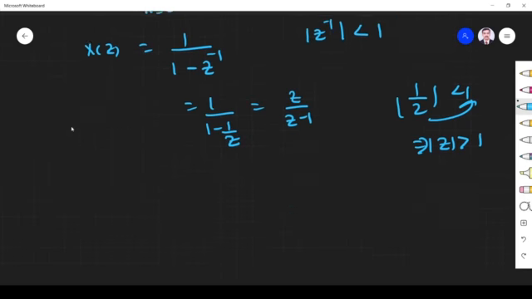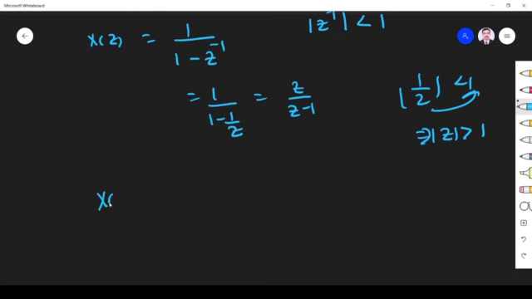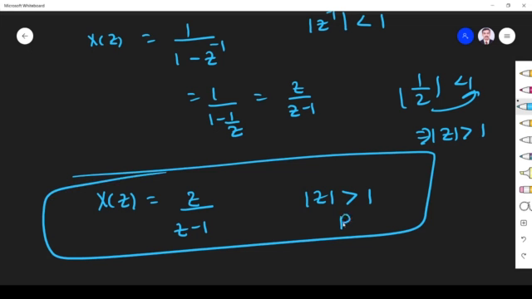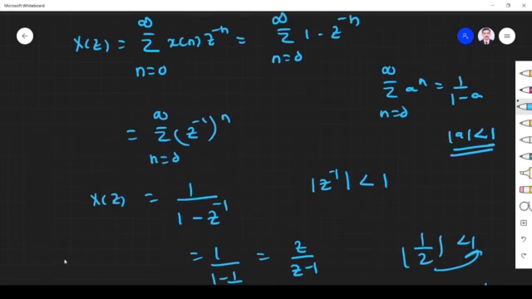So what happens? Z transform of unit step signal is z by z minus 1 with the ROC mod z is greater than 1. This is what ROC is. Because this equation exists only for mod a less than 1, similarly, this equation exists for mod z inverse less than 1.